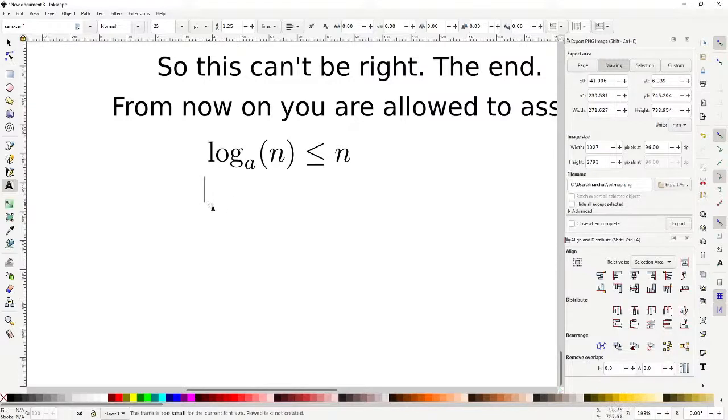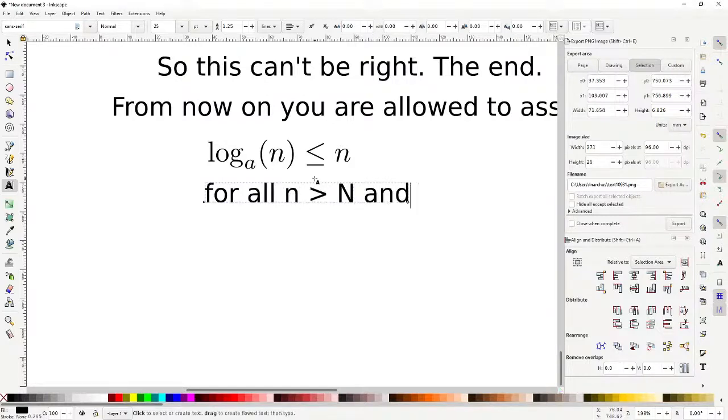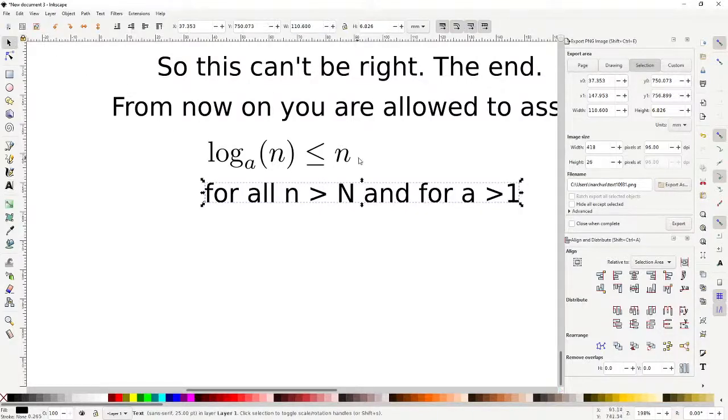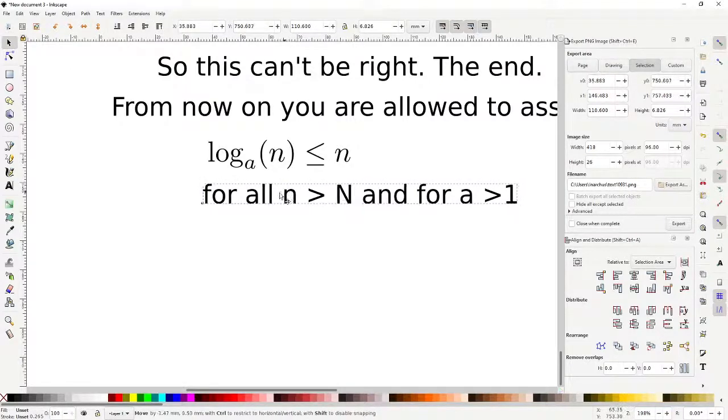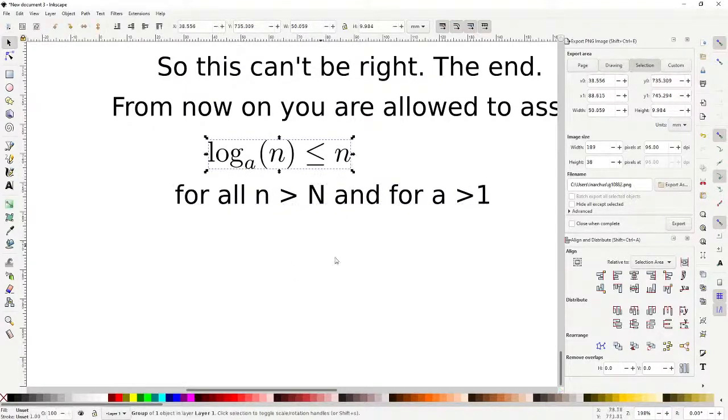as long as, for all n bigger than some starting n, and for a bigger than 1, technically. But I promise you I'm not going to mess around with fractional, well, I hope I don't ever mess around with fractional log bases, or decimal log bases or something stupid like that.